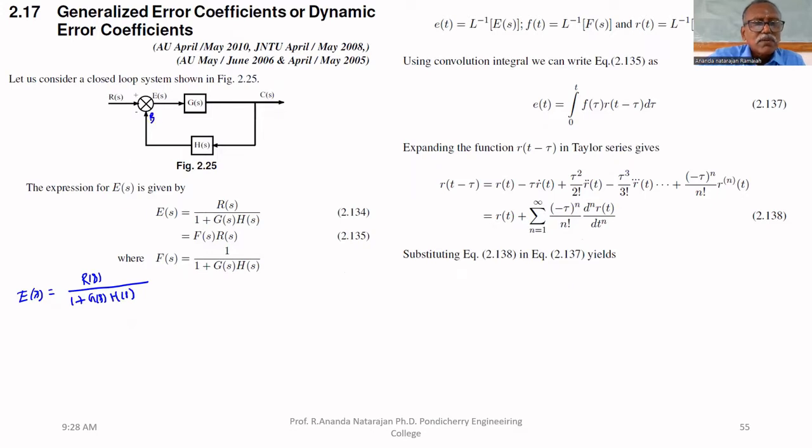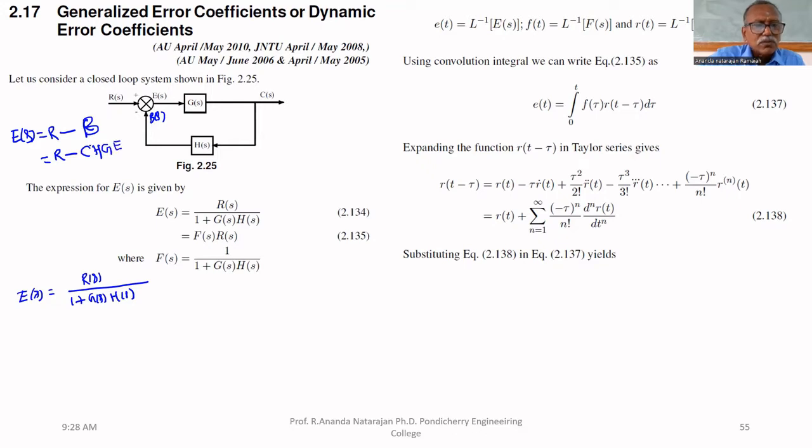Here, E of S equals R minus B. B equals C multiplied by H, that is CH. C equals EG. Therefore, B equals HGE.